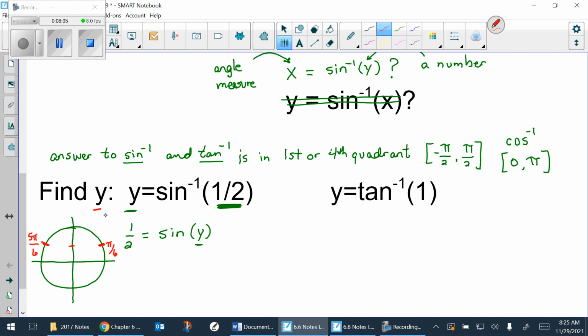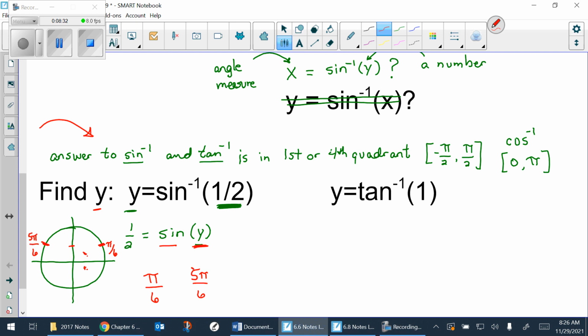How big is y? The sine of what angle is 1/2? And I would say pi over 6. And I'm tempted to also say 5 pi over 6. But from what we wrote down up here, sine inverse and tan inverse are always in one of these two quadrants.